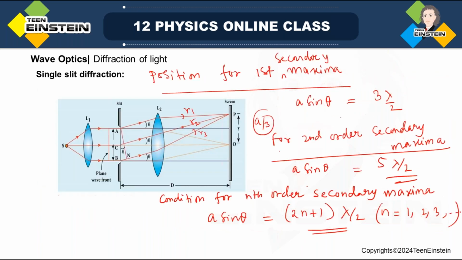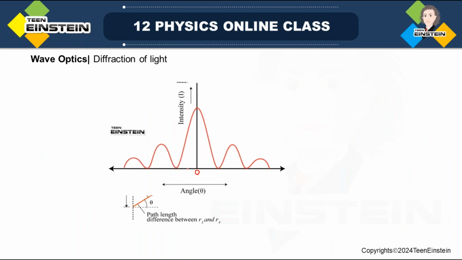On this side lambda by a, and on this side it will be minus lambda by a. This will be 2 lambda by a, this will be 3 lambda by a. This will be minus 2 lambda by a symmetrically, and this minima will be minus 3 lambda by a. These are the angular positions of the minima.